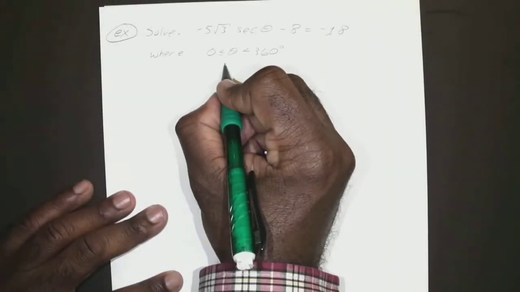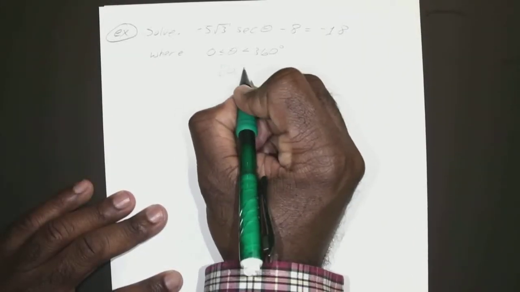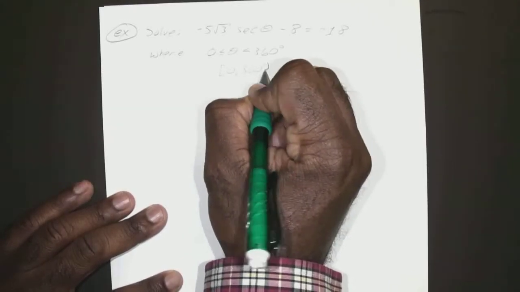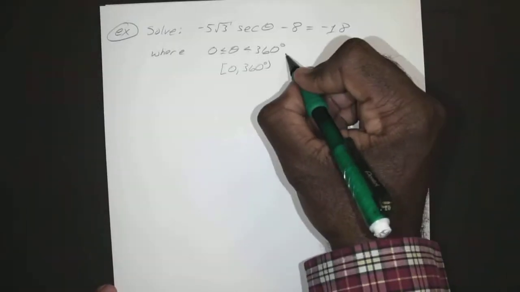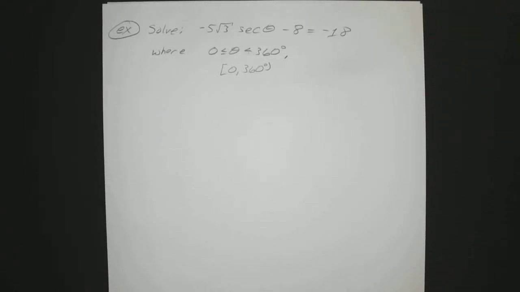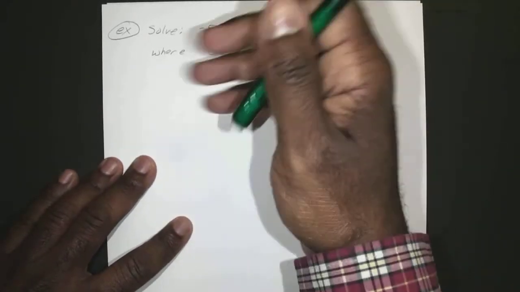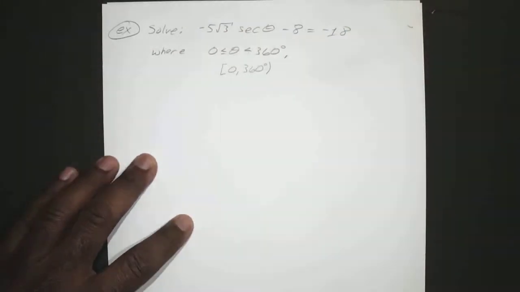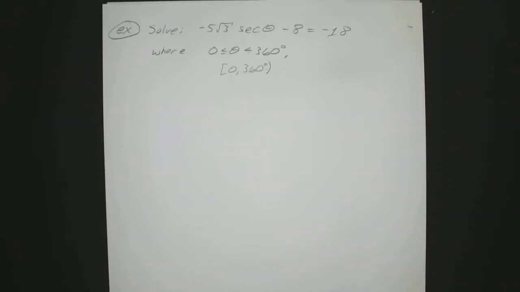So sometimes you may see it written in the homework as 0 to 360°. Same thing. Oops, that should be a parentheses. Okay. So with this one, first thing you want to do is solve for secant.